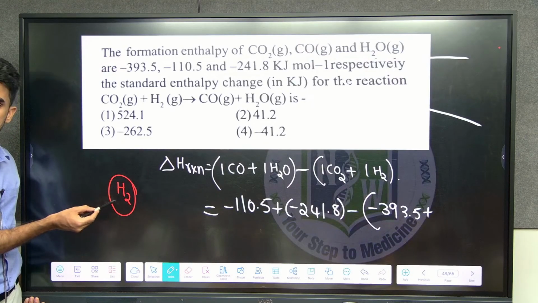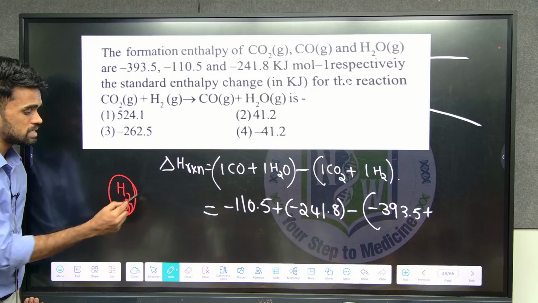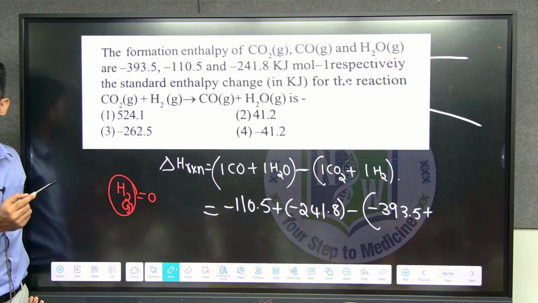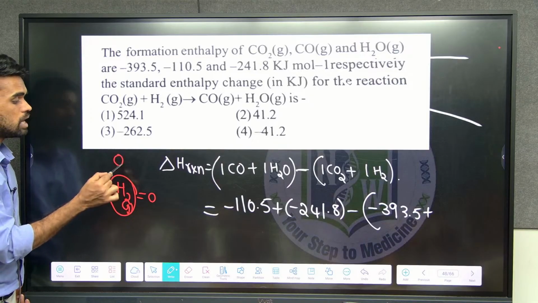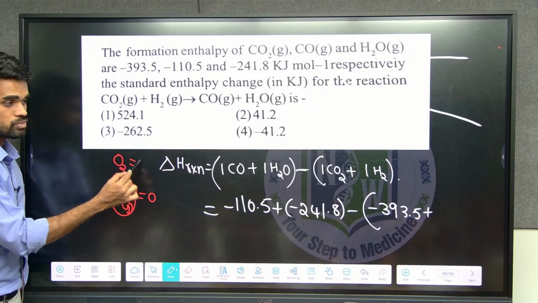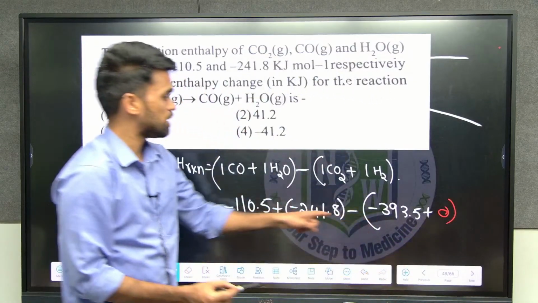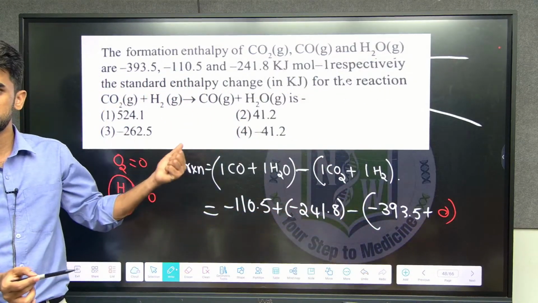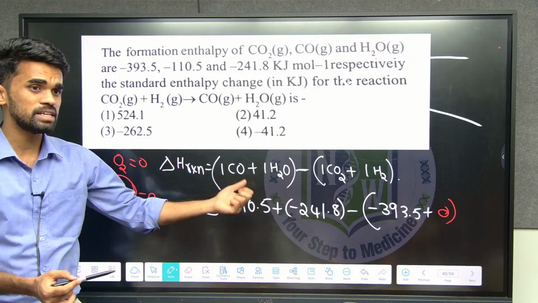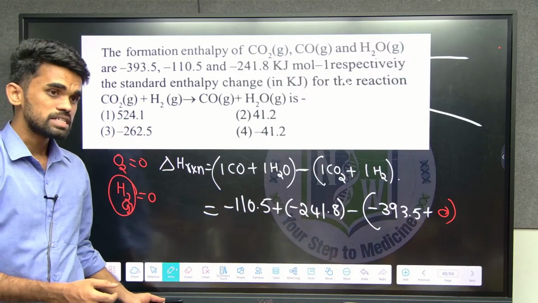Hydrogen exists as H2 only, in gaseous form. So its standard enthalpy will be 0. Even if they give O2, also 0. Okay, here you take 0. So simplify this, and you will get one of these options. Just simplify this first.